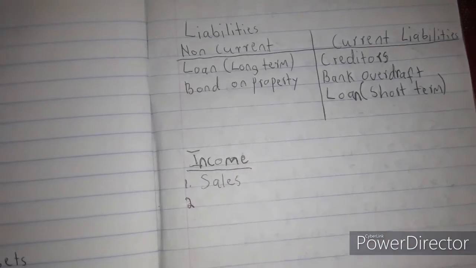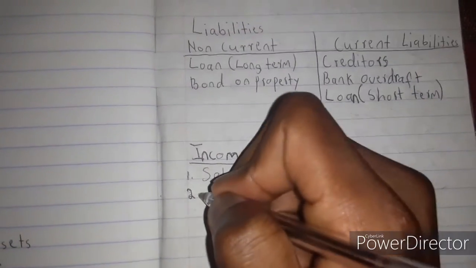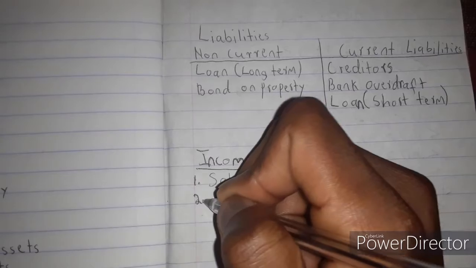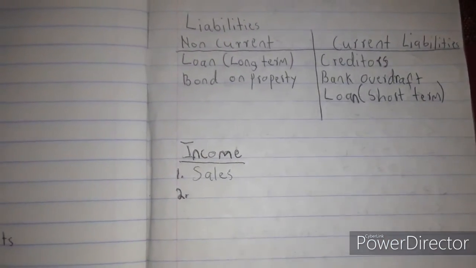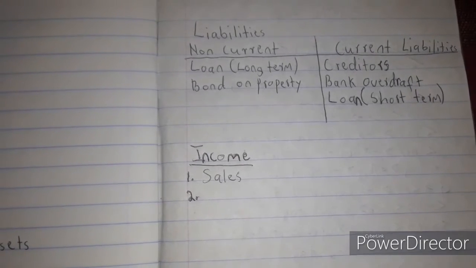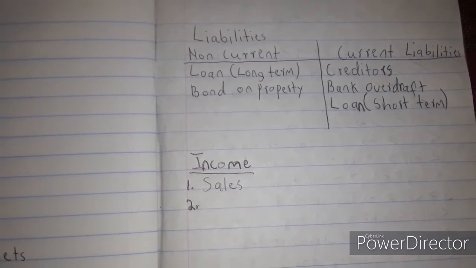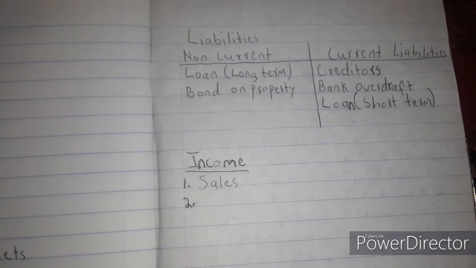We said income is the money that a business receives. So income number one is sales, the amount that the business receives for selling goods.